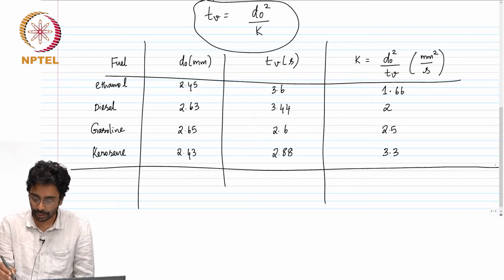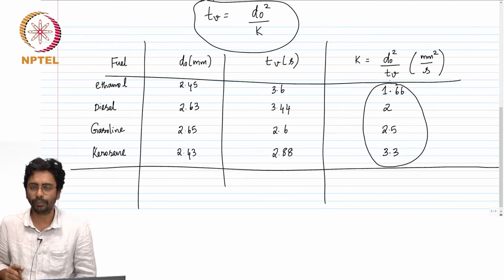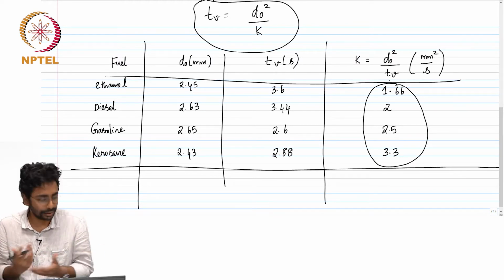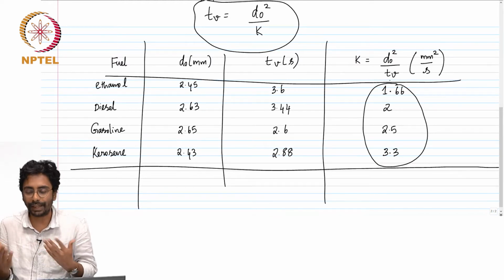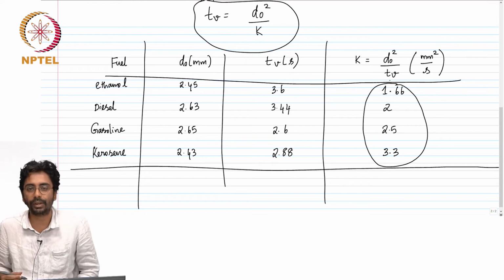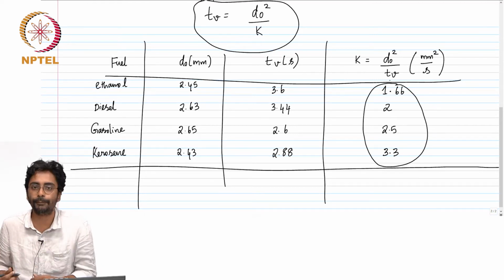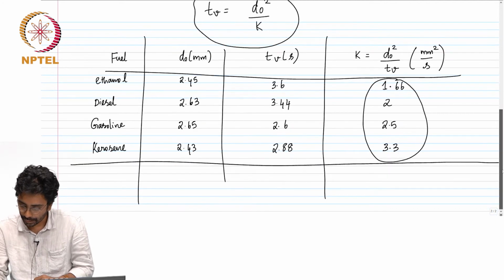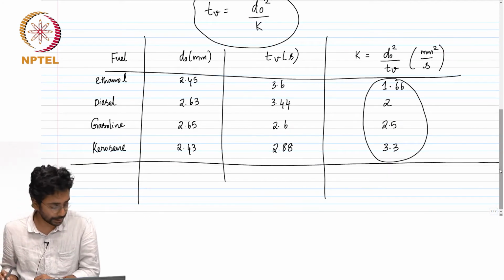The first thing I would like you to notice is that the variation in this is not very large. It goes from something like 1.6 to 3.3, just a range of over a factor of 2. So this number does not change a whole lot, it is roughly the same for all the fuels. Keep this in mind.